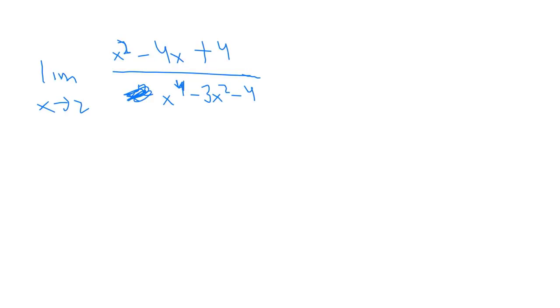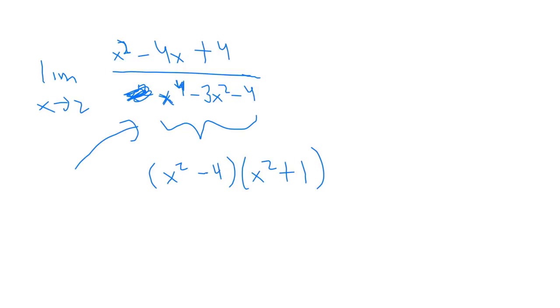Don't be scared by an x to the fourth in the exponent, because when you factor it, it gives the same feel as x squared minus 3x minus 4, but instead of x squared, it's x to the fourth. So this is our factoring of this one.